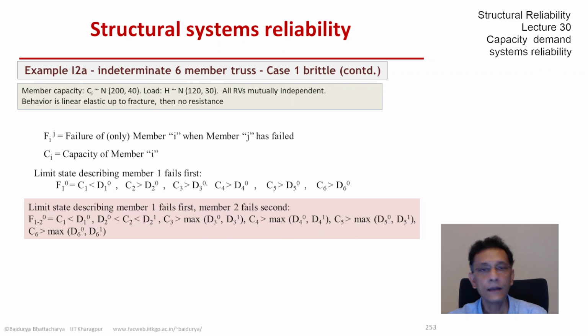This then we can take to the next step, that let us say member 2 fails second. So F01-2 would be the same events that are there in F01. So C1 less than D01 will be there.